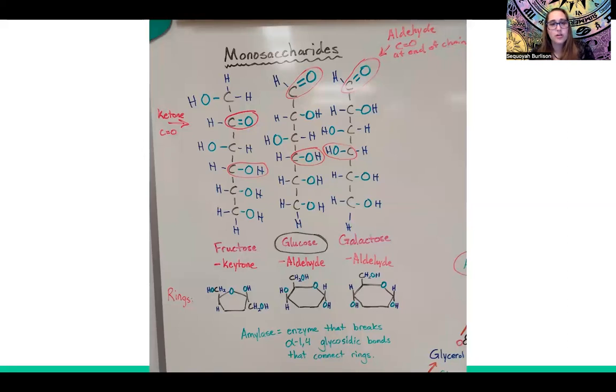Beta bonds are not easily, well, not at all digestible by humans. We lack the enzyme to be able to break beta bonds. So therefore, complex carbohydrates that contain beta bonds are usually known as our dietary fibers. While we have the enzyme amylase, which is the enzyme that breaks the alpha-1,4 glycosidic bonds that connect these rings.